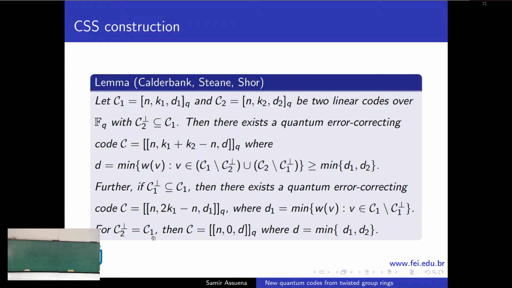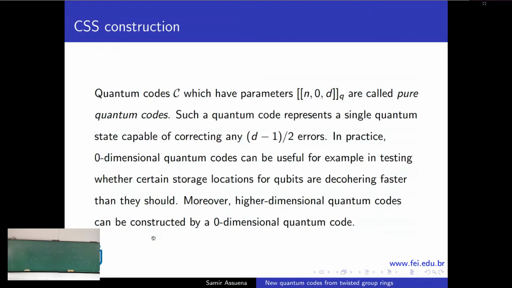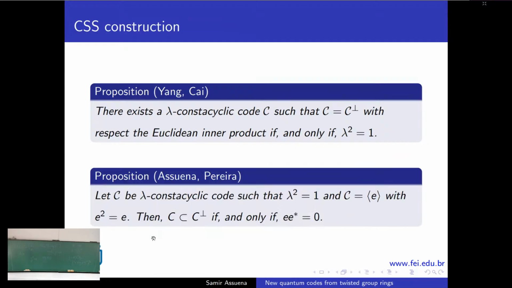Just to finish, we have another different construction. It's called the CSS construction. We have to have some orthogonality relations, but we can explore these conditions using the involution.